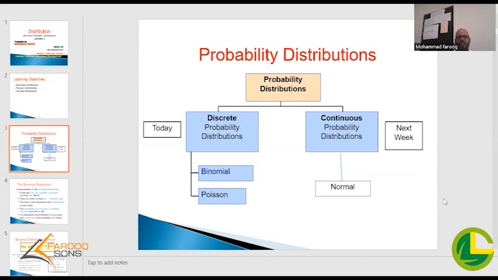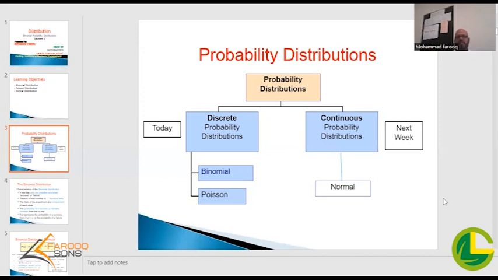One is called discrete random variable, the other is called continuous random variable. The distribution which follows a discrete random variable is called discrete probability distribution. The one which follows a continuous random variable is called continuous probability distribution.